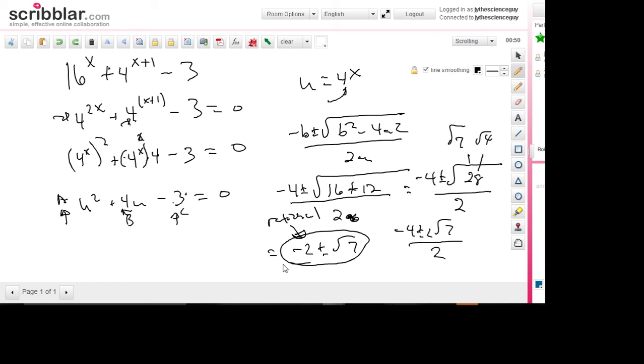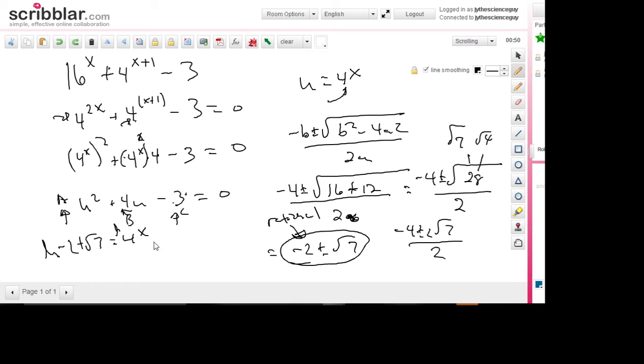Okay. And so we do all of that to find out what u is. So negative 2 plus root 7 is equal to 4 to the x. And then you have to take the log of this in order to solve for x. It's the log of that and the log of this, which brings the x down here.